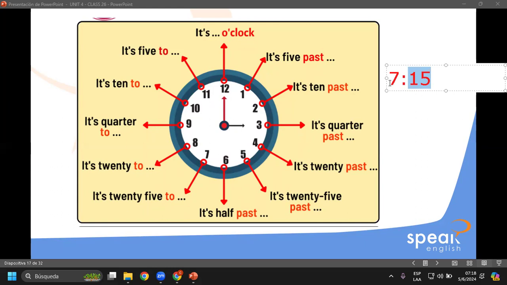Or there is the easiest one that is just saying the numbers, 7:15. So you can ask, hey, what time is it? It's 7:15. Is that form difficult or easy?